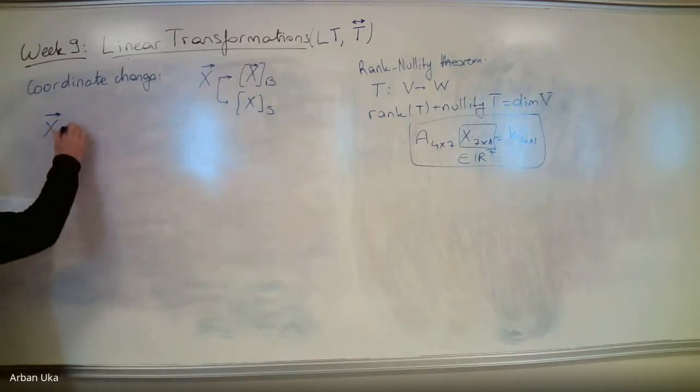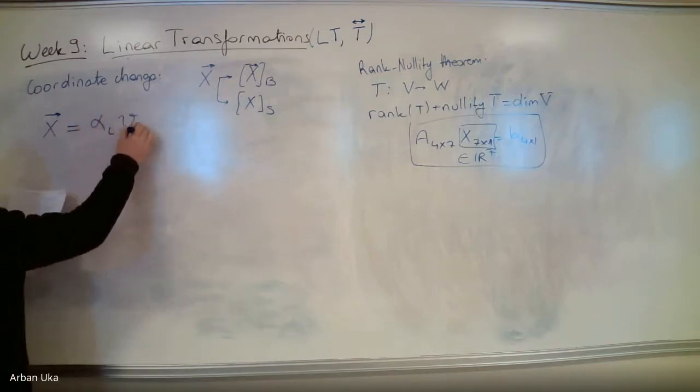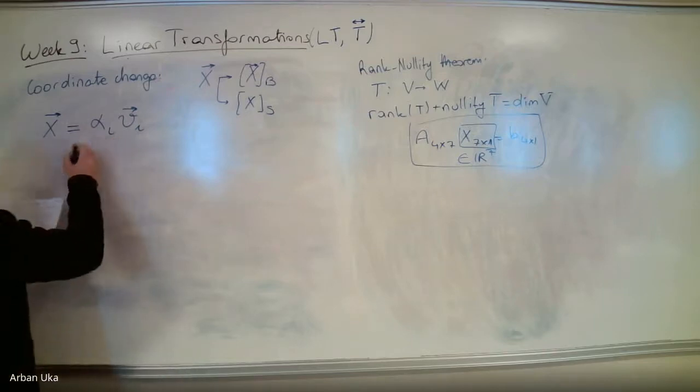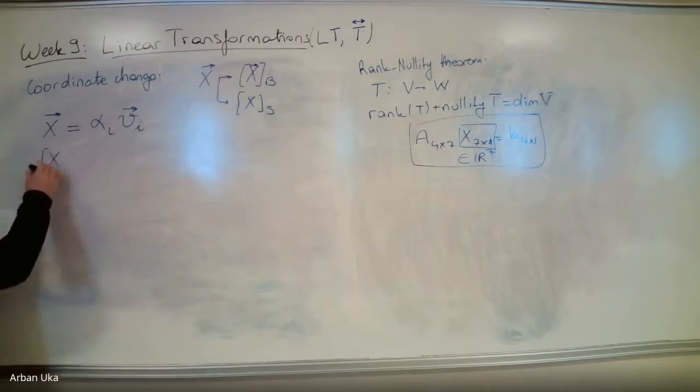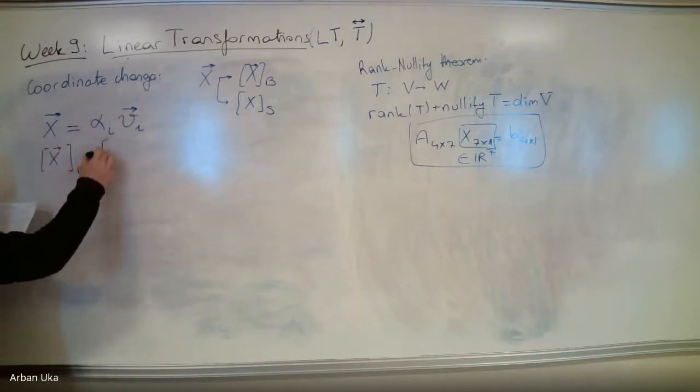Let's assume that the vector x can be represented as a linear combination of several vectors vi. And these vectors vi are not the standard basis itself. If this is true, then we say that this vector x in the standard basis b.